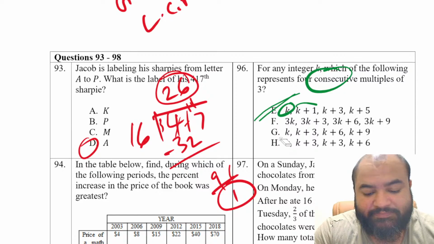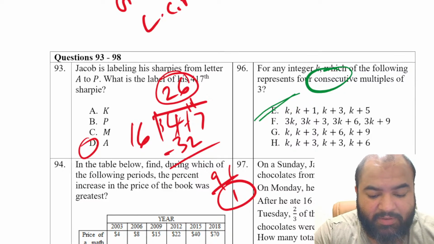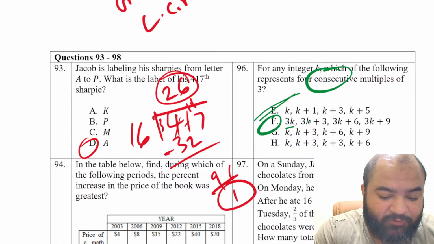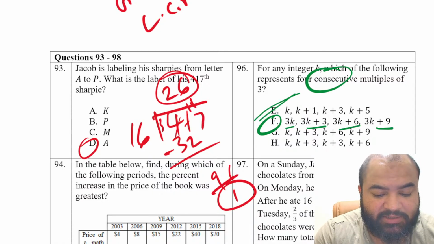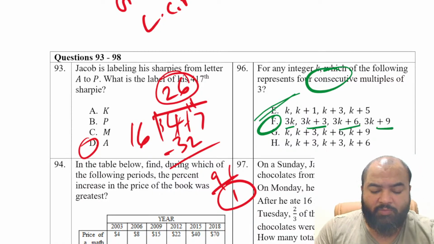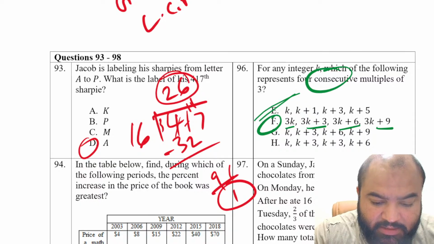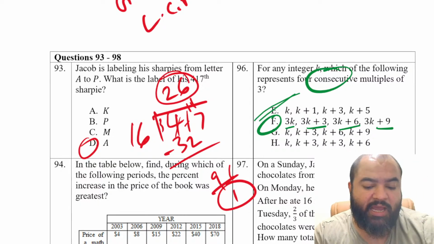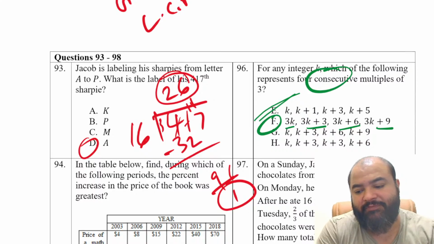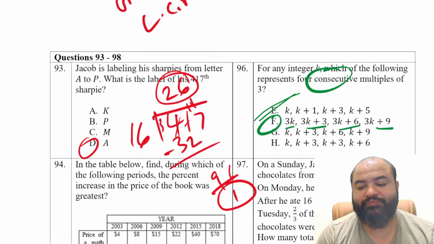It's going to add 3 every time. So it could be F actually. If 3k is the first one, the next one you have to add 3, 6, yeah. Okay, why not K? Oh, because, yeah, if you multiply by 3, definitely it's a multiple of 3.